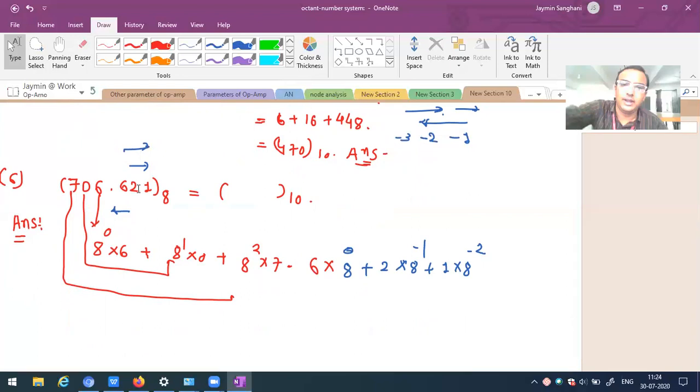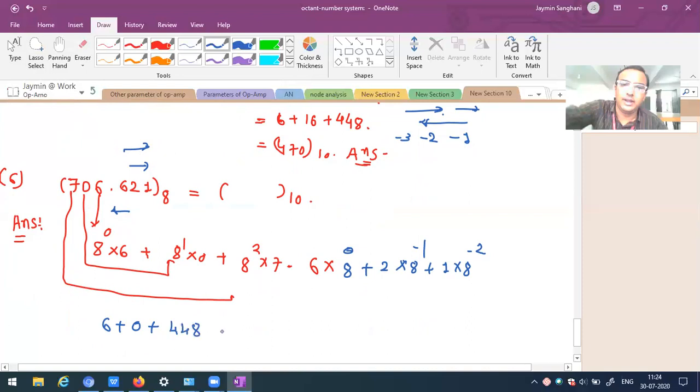So here 8 raised to 0 into 6 plus 0 plus 64 multiplied by 7, which is 448.